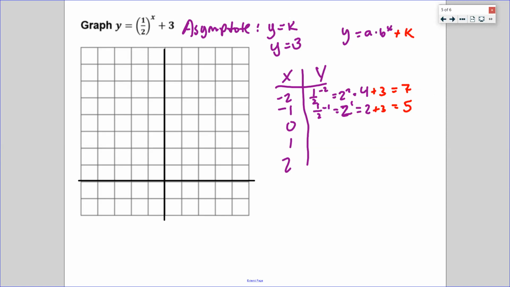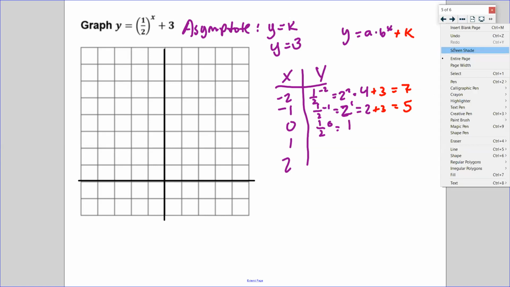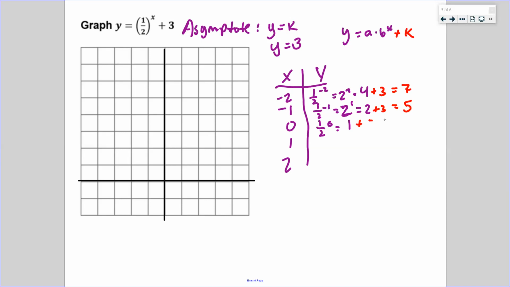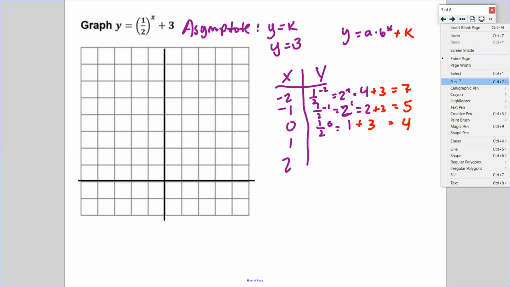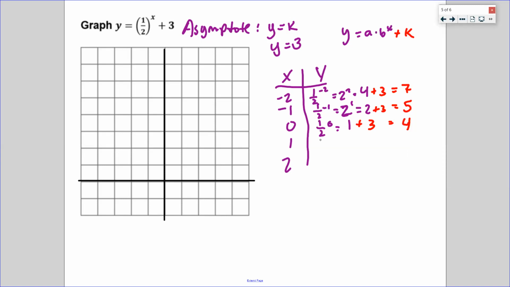So then it's 1/2 to the 0 power. Anything to the 0 power is 1. So 1/2 to the 0 power is 1. Add 3 to that, you get 4. Again, half of 5 isn't 4, but half of 2 is 1. So then you can kind of see where we're going from here. 1/2 to the first power, that's 1/2.